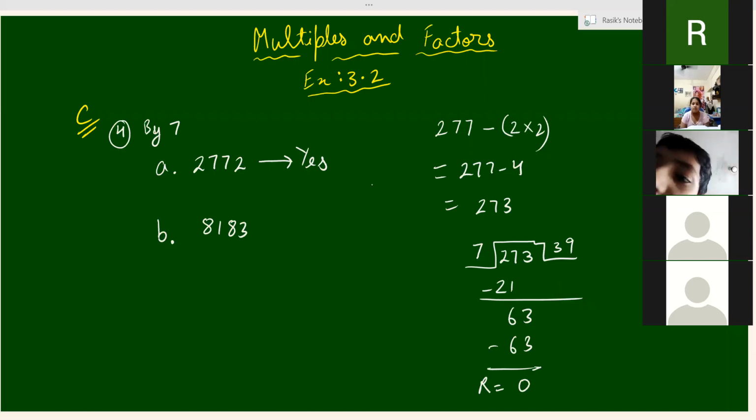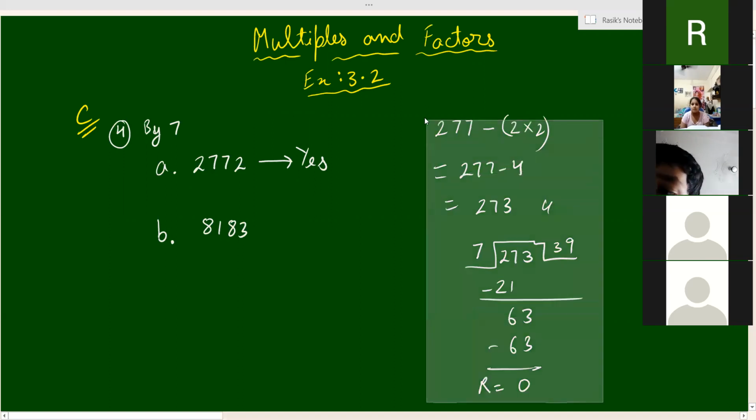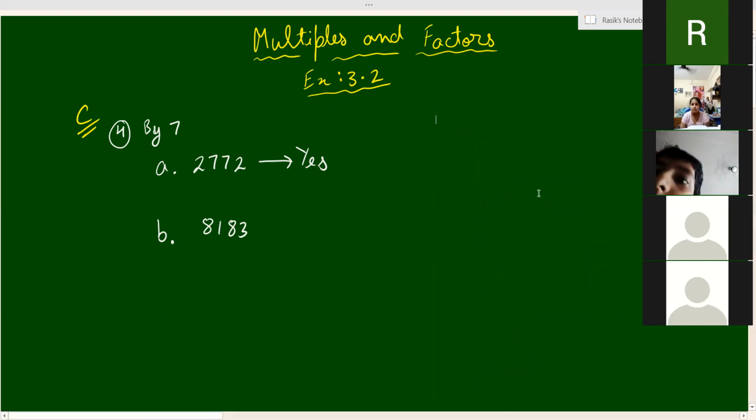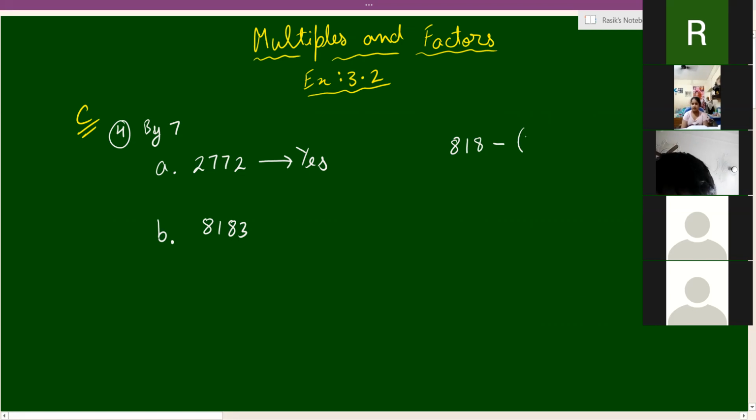Sir, that is not divisible. So I am telling you whether it is divisible or not. 8,183 is the number. Write the first 3 digits, leave the last one for now. And then you multiply the last digit by 2. 3 into 2, and subtract it. So 818 minus 6. 3 into 2 is 6. 818 minus 6 is equal to 812.